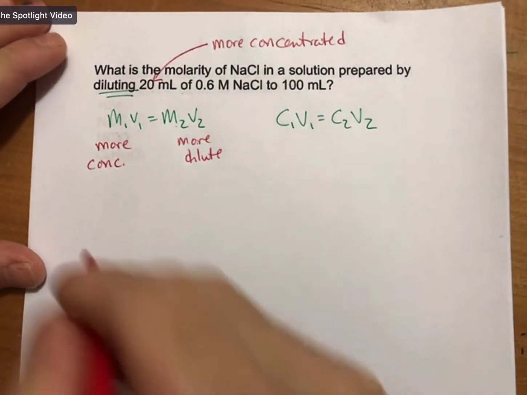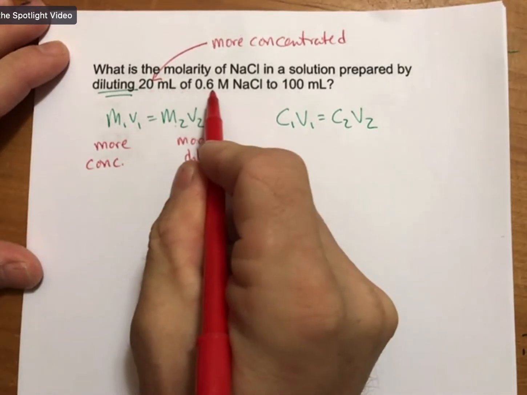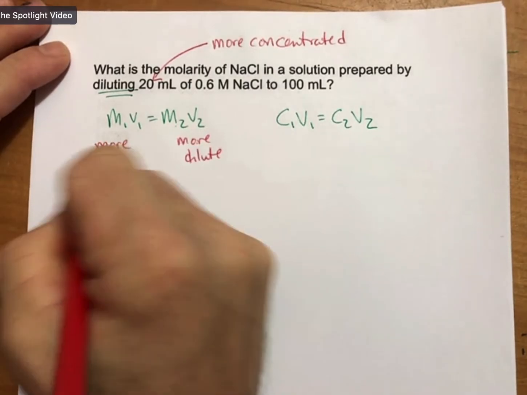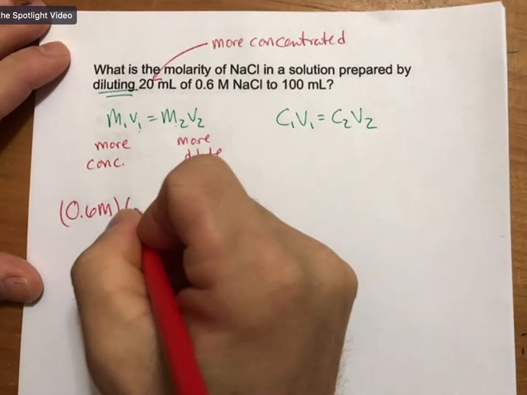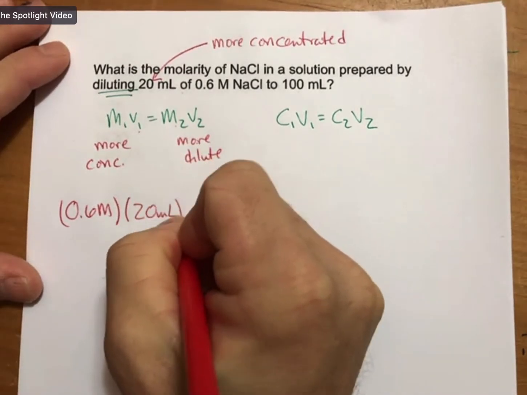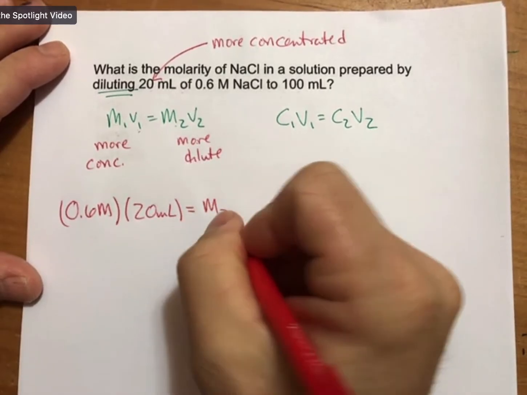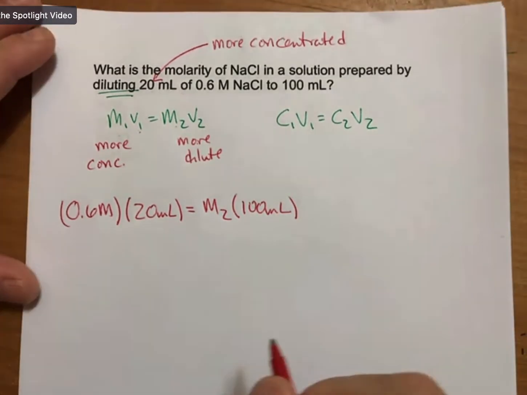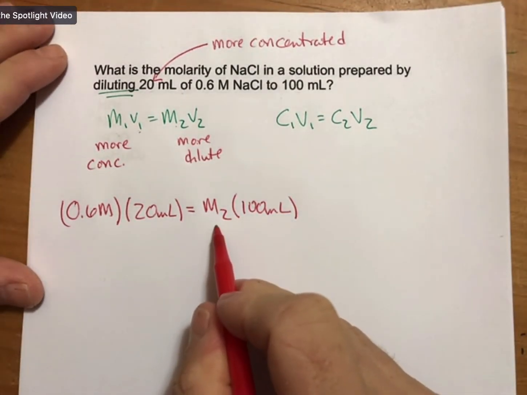So I'm going to plug in my M1 and V1: 0.6 molar and 20 milliliters as my V1. I don't know my M2, and I do know my V2. Now I can rearrange to solve for M2, which is what we're looking for.